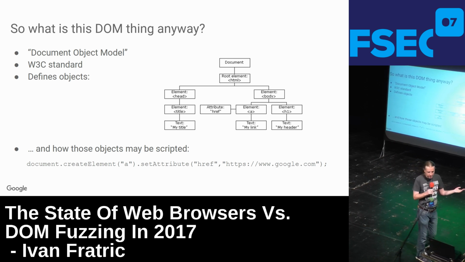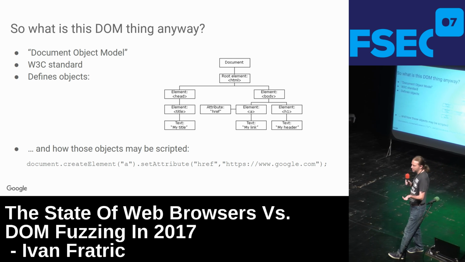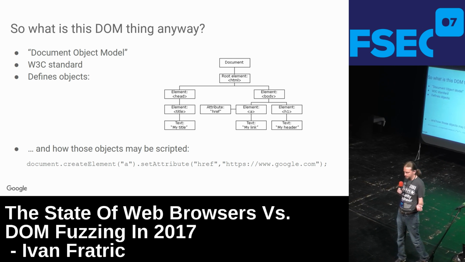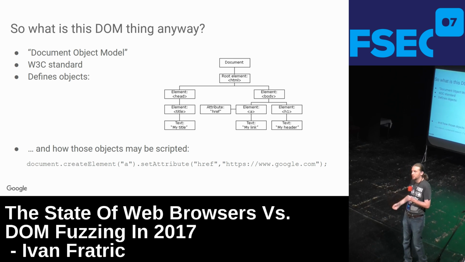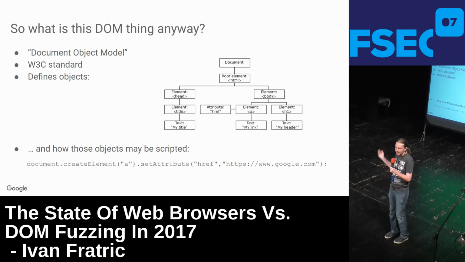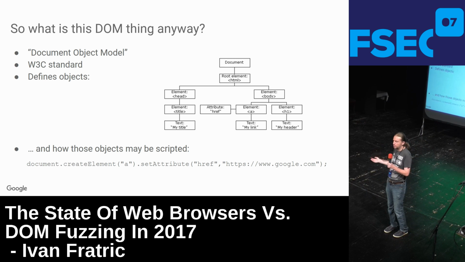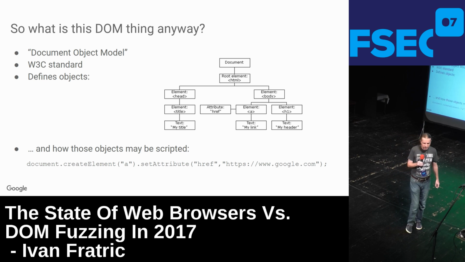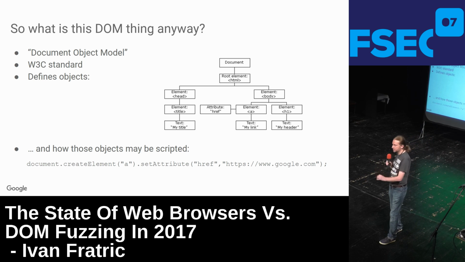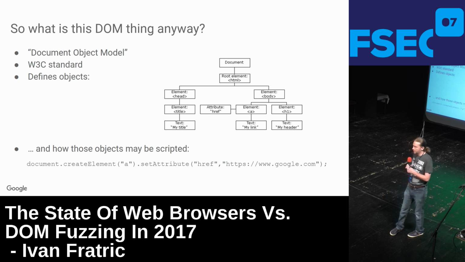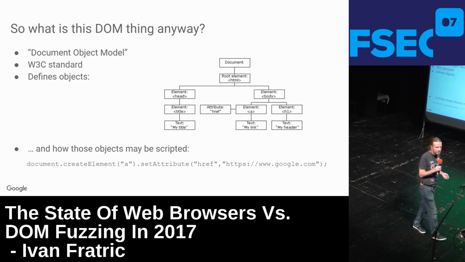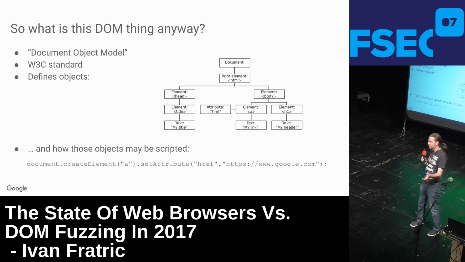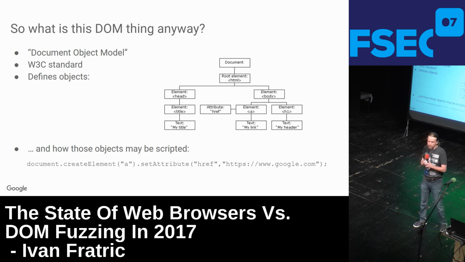So these are like your standard HTML elements, but the DOM doesn't really define only those types of objects. There are various other types of DOM objects, such as attribute nodes, style sheets, event objects, etc. And besides just defining the objects themselves, the DOM also defines how these objects may be scripted. So at the bottom of the slide here, you have a simple example where we are essentially generating a new element and then assigning a property to it.